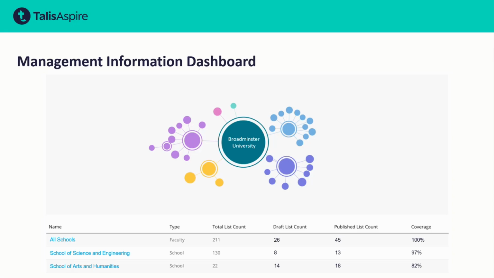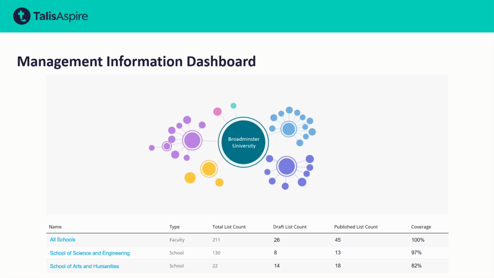You can see that it has a number of nodes associated with it, and that none of those nodes are sitting orphaned off to the side. They are connected to the institution node, and they have connecting nodes themselves. And the size of each node is relative to the number of child nodes associated with it.